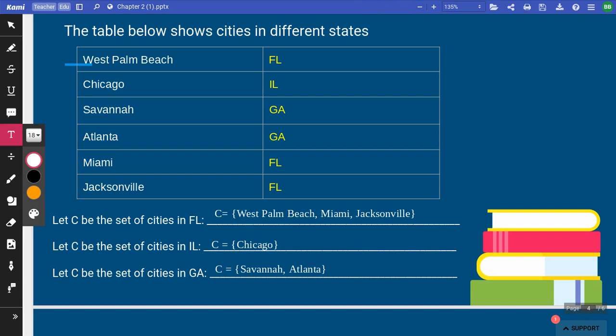I want to make sure that everybody fully understands that you can have elements in the cities and you can make sure that these are equivalent, because we have West Palm Beach, Miami, and Jacksonville. This is the same as Jacksonville, Miami, West Palm Beach, or Miami, West Palm Beach, Jacksonville. These are the same elements. It does not matter what order they're in, as long as you have all the correct elements in the set.